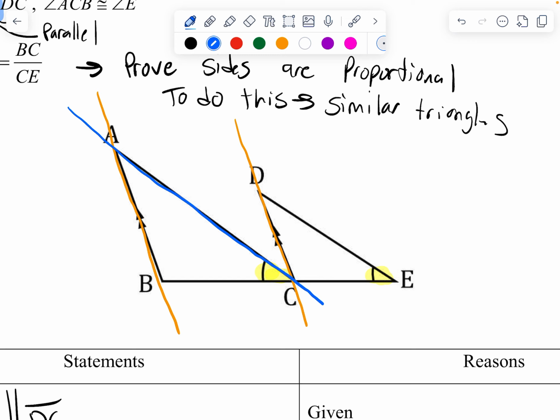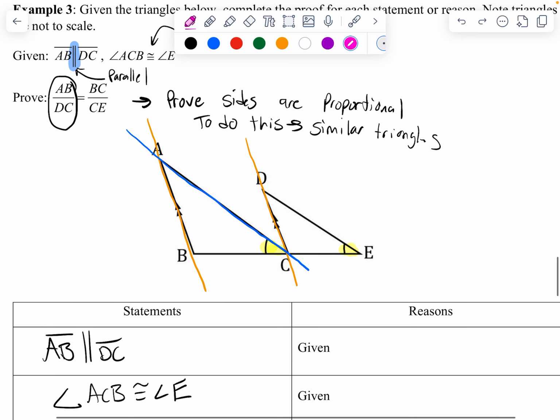So if I'm looking at, let's say, this angle here, in pink, knowing those two parallel lines and the transversal, can I say anything about that? No.